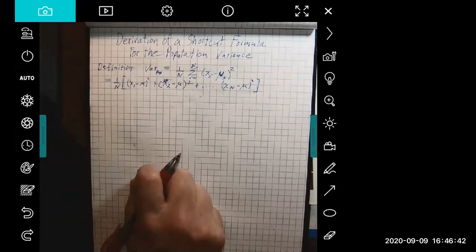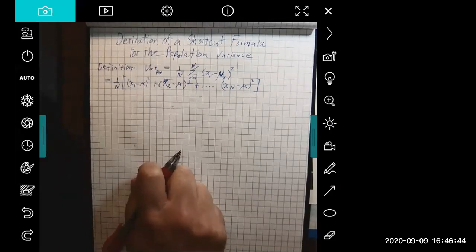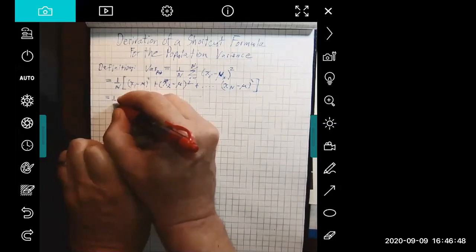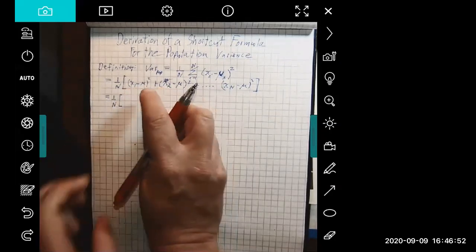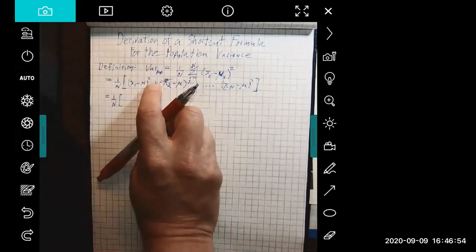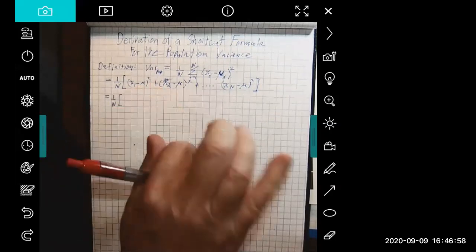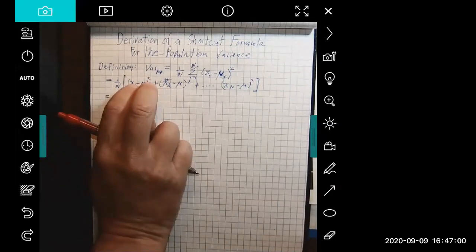We take that sum and divide it by n. Now you may remember from your algebra class, there was this thing called FOIL. When you're squaring a difference like that, it's x1 minus mu times x1 minus mu. You use the distributive property twice.